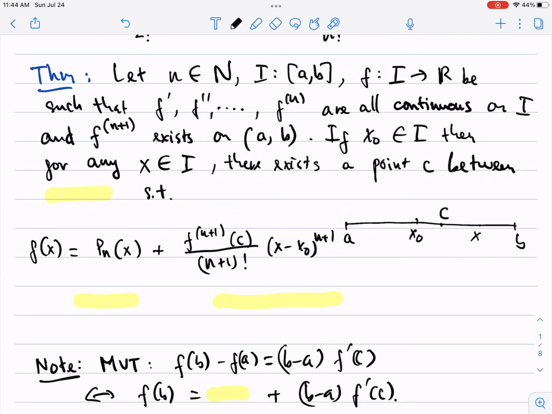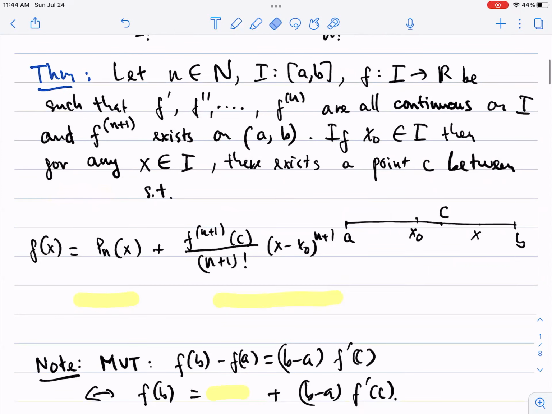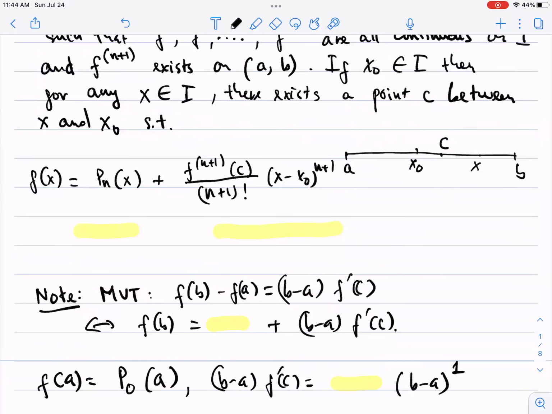If x0 is a number inside the interval I, then for any x inside the interval I, there exists a point c between x and x0 such that f of x equals P_n of x plus the (n plus 1)th derivative of the function f evaluated at some point c divided by (n plus 1) factorial and multiplied with (x minus x0) to the n plus 1.